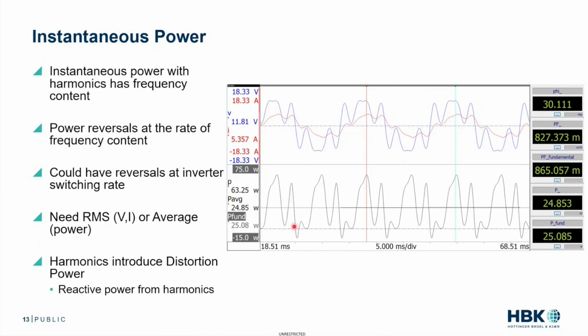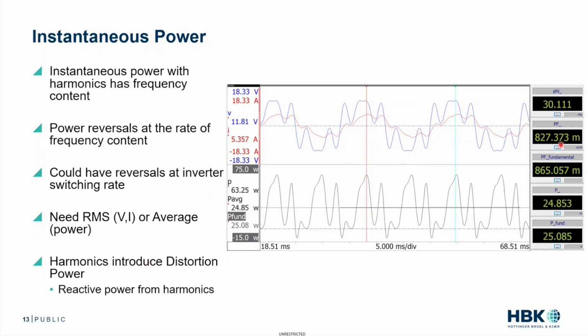And you can see we have this element of negative power, so we have that reactive power, but there's quite a lot of action here. Harmonics of the fundamental. So these harmonics introduce this distortion element.